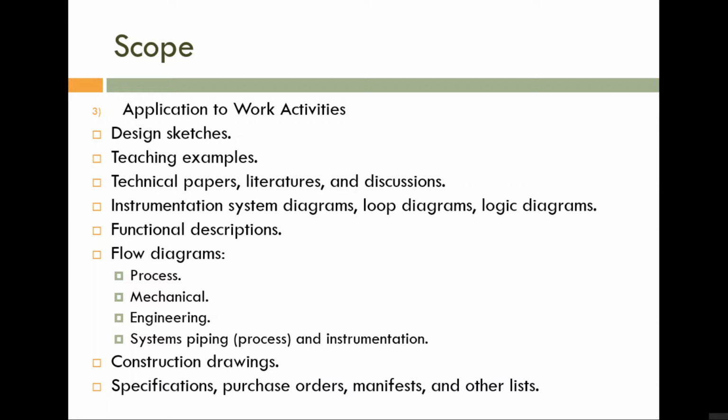Another one is, as I already told you, it will help us give a detailed functional description. We can explain what type of function it is, what type of control loop it is. So these are the main scope. The first five things are the main application of the ISA standard.